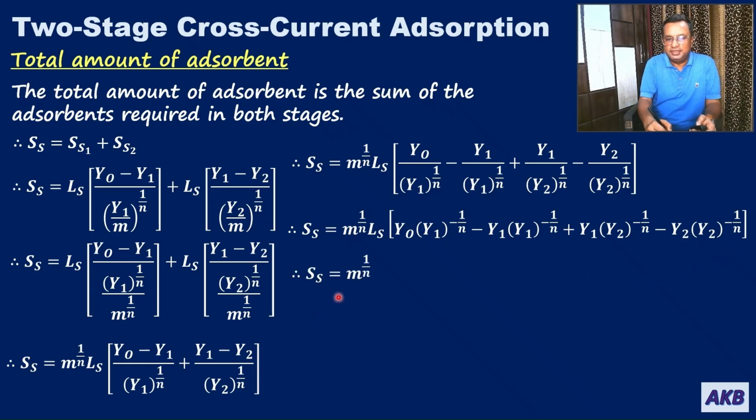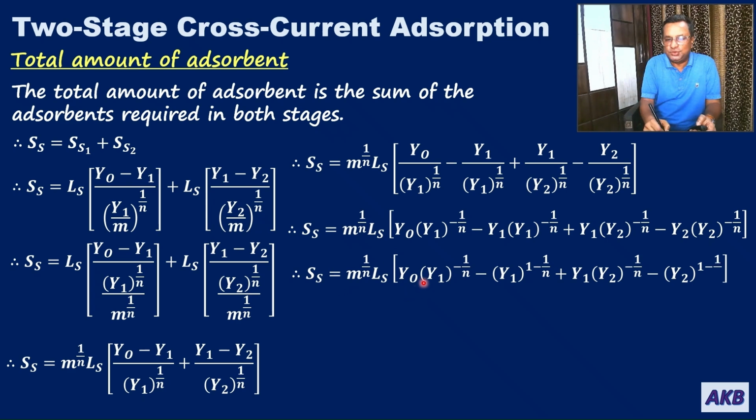In the next step, let us have more simplification. So SS is equal to m raised to 1 by n into LS into capital Y0 into capital Y1 raised to minus 1 by n minus capital Y1 raised to 1 minus 1 by n. So I have simplified over here, plus capital Y1 into capital Y2 raised to minus 1 by n minus capital Y2 raised to 1 minus 1 by n. Again simplification over here.